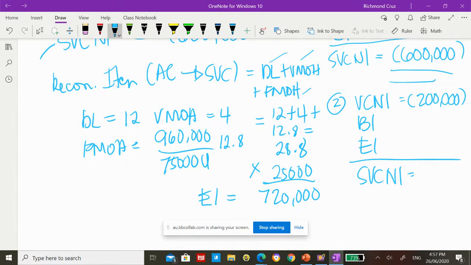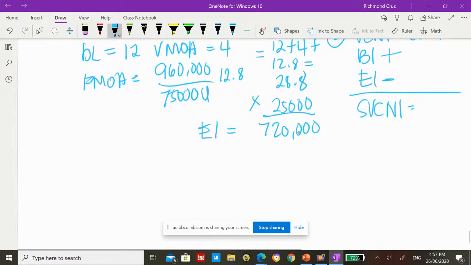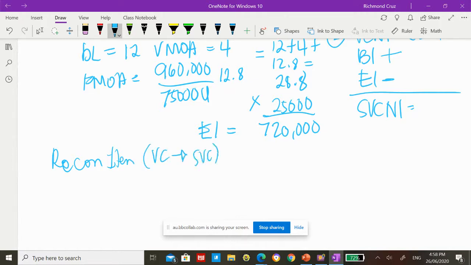So if we start with regular variable costing to super variable costing, we need to add the beginning inventory cost, but only the reconciling item, and deduct the ending inventory cost, but only the reconciling item. But what is the reconciling item for variable costing to super variable costing?